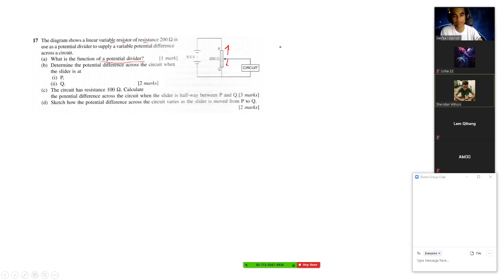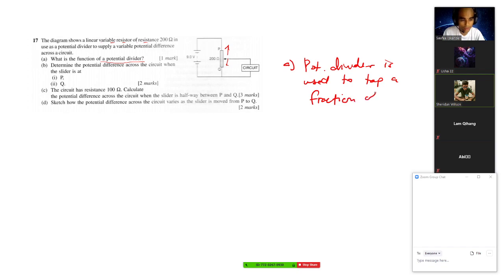The potential divider is used to tap a fraction, it's not friction, fraction of the voltage supplied by a source.